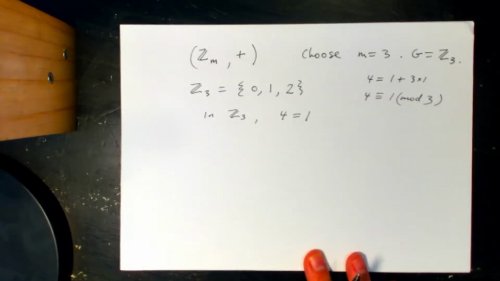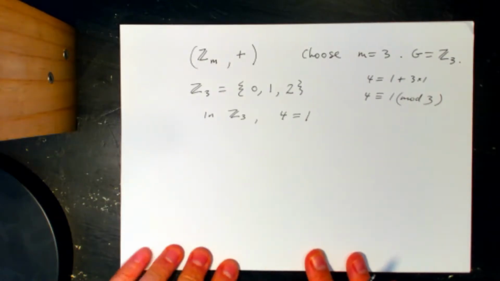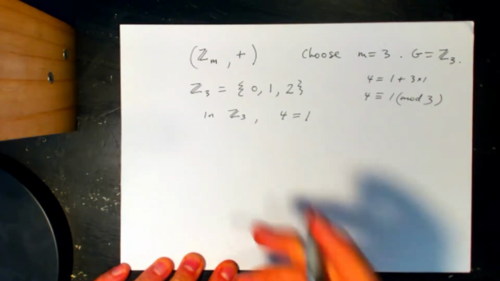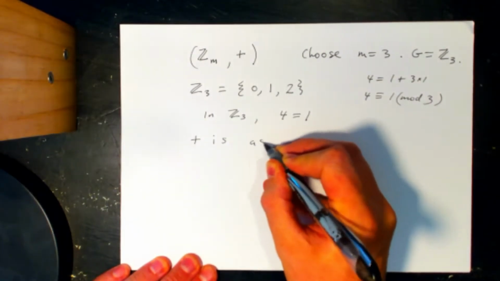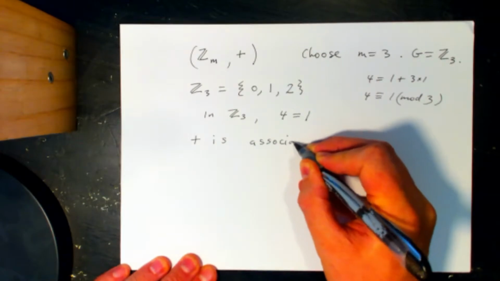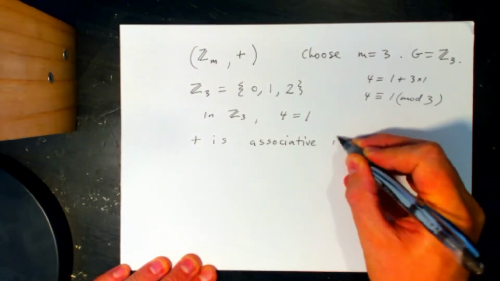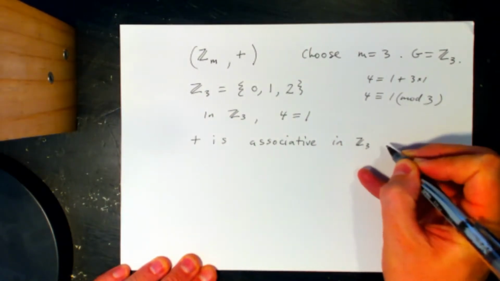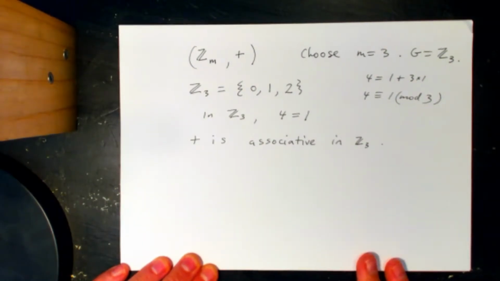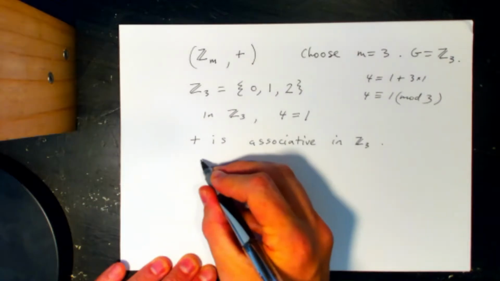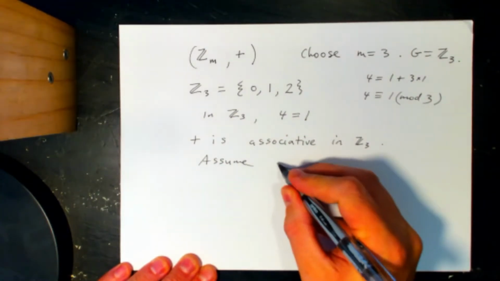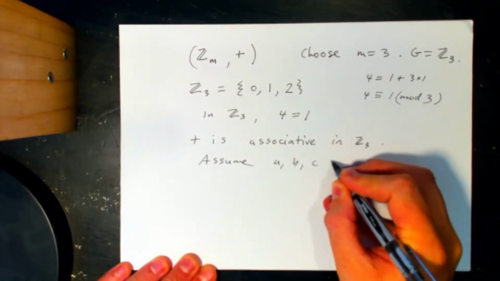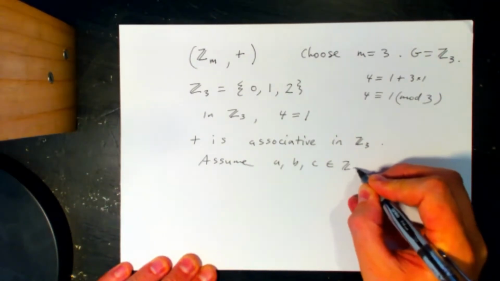Okay, so let's go ahead and check the axioms here. So addition is associative in integers mod 3. Okay, so why is this associative? Well, assume that A, B, and C belong to integers mod 3.